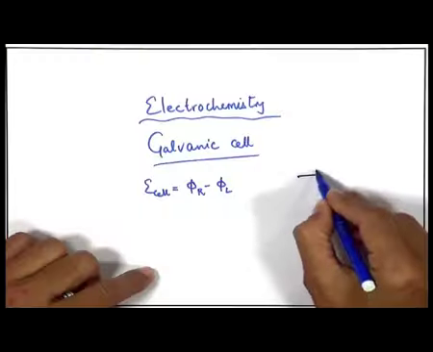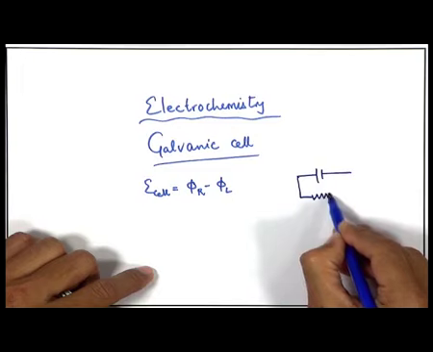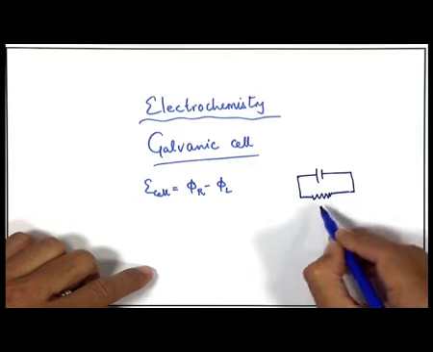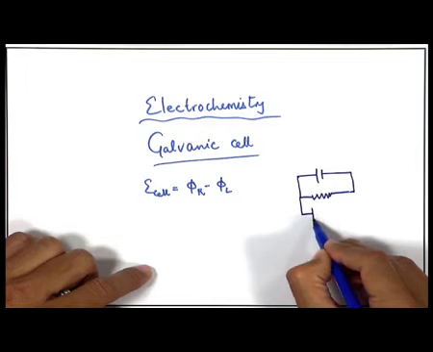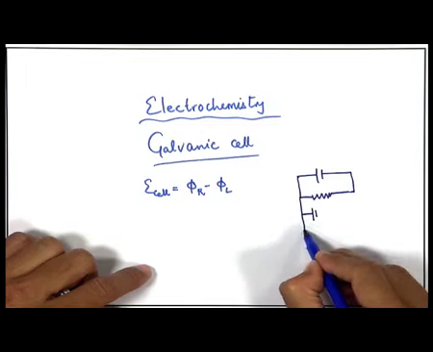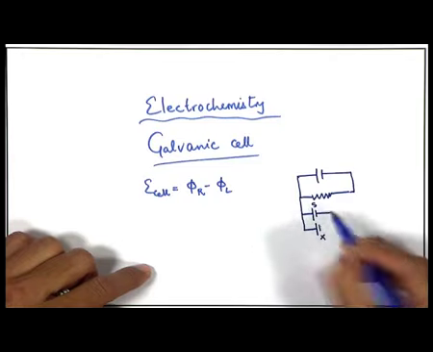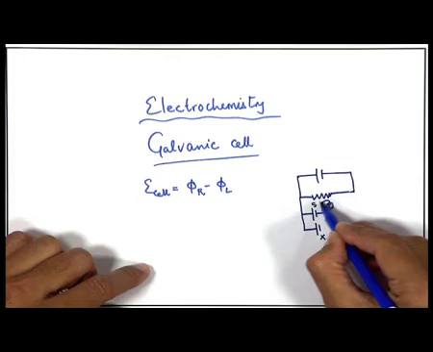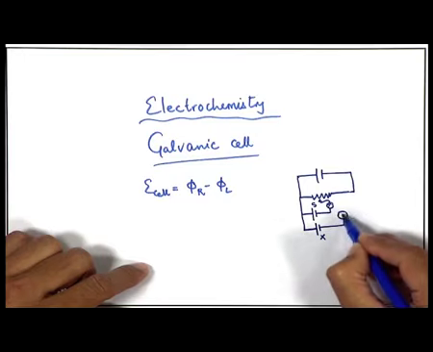So, basically you have an external battery and then you have one resistance, and you have one standard cell and another unknown cell X, and then you connect through a galvanometer, by this or maybe the same arrangement over here.